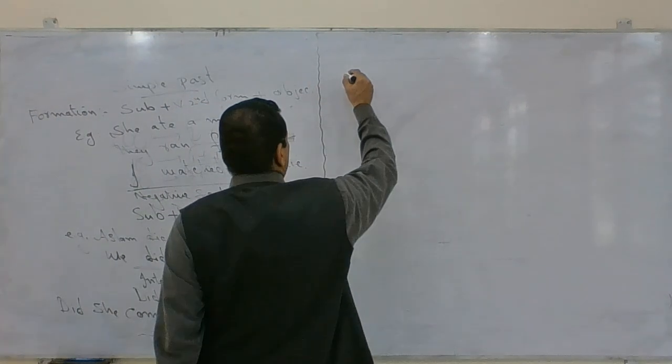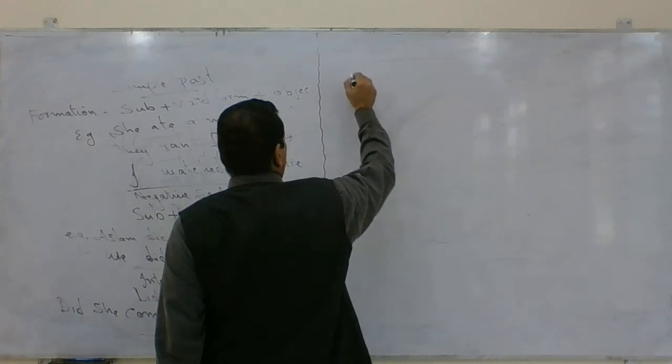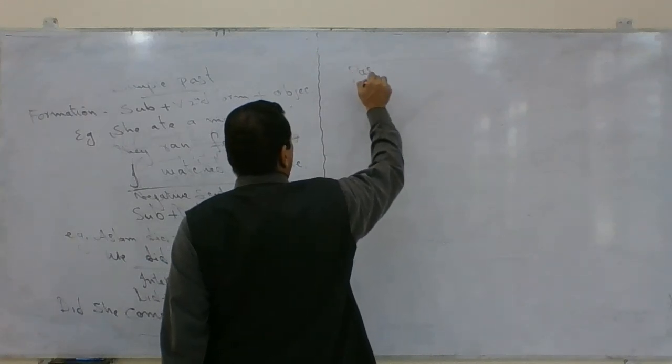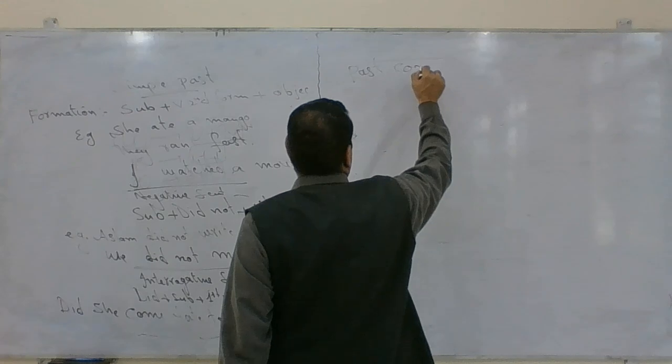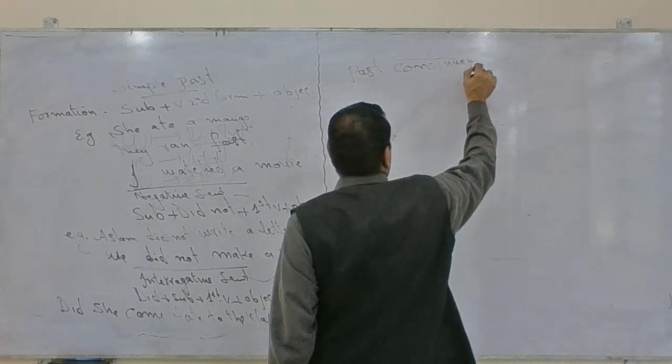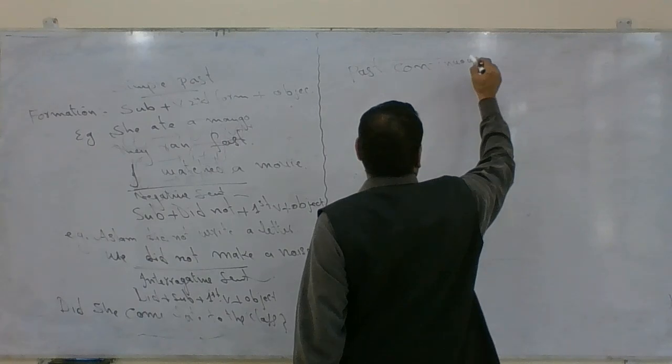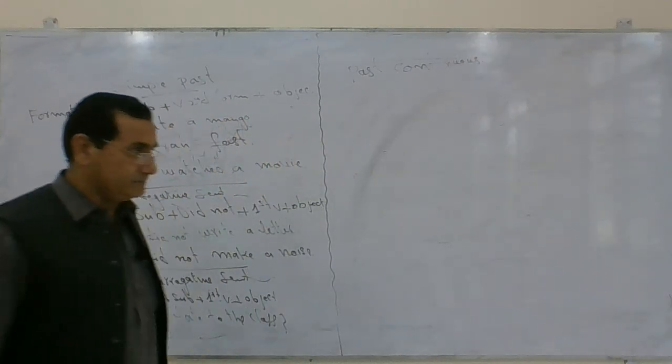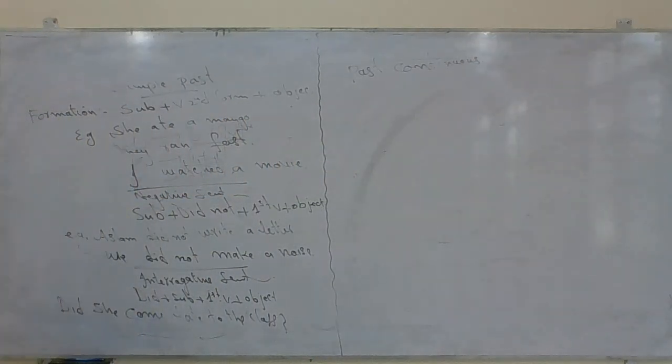Now we are going to start another tense, that is past continuous. For past continuous, there is was and were, and then the ing form of the verb.